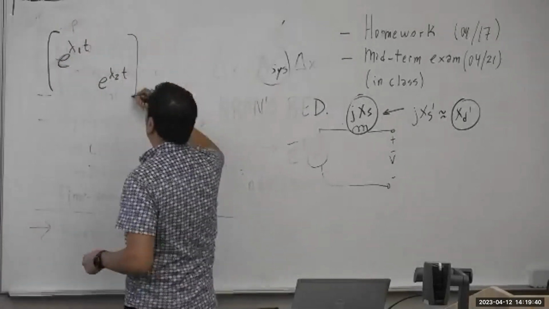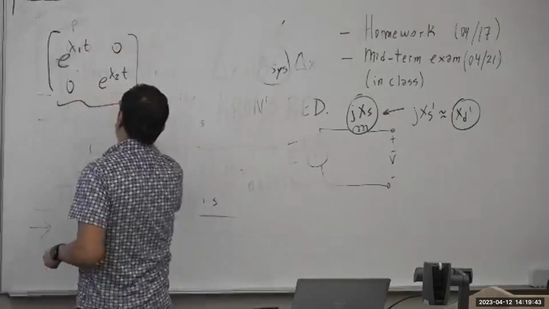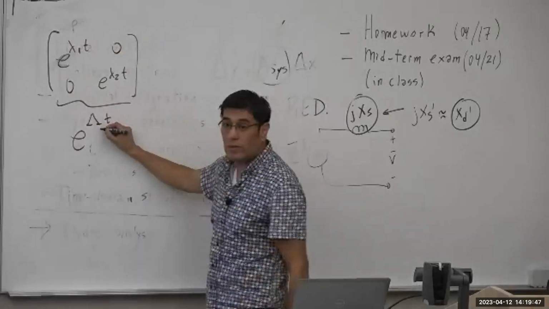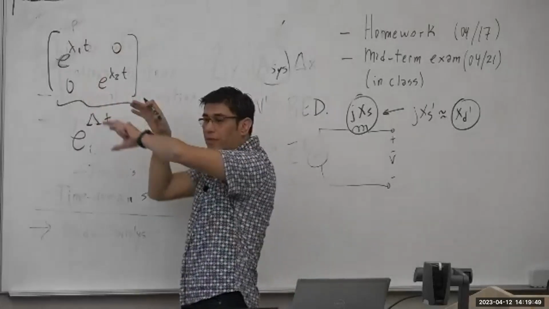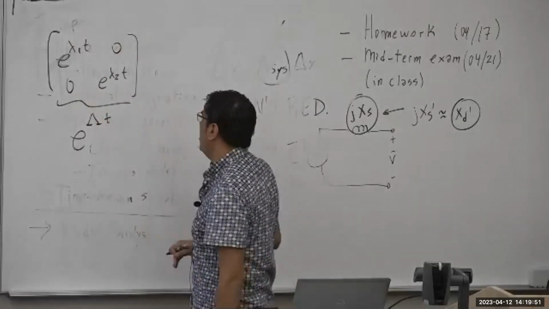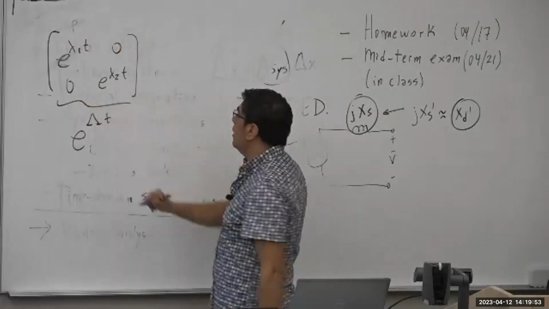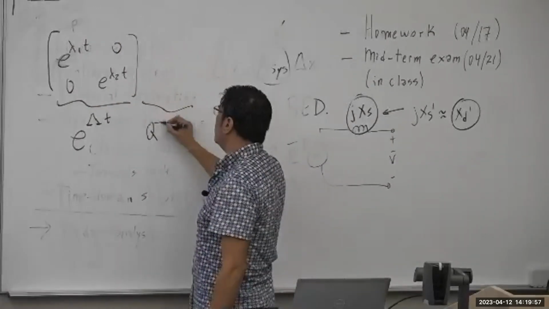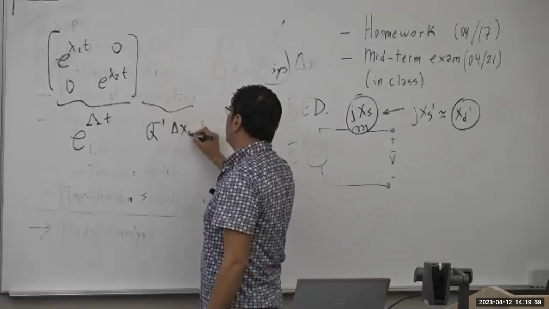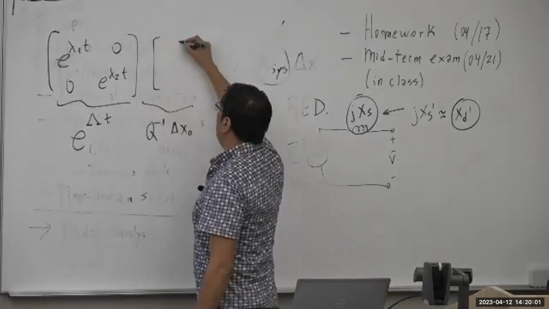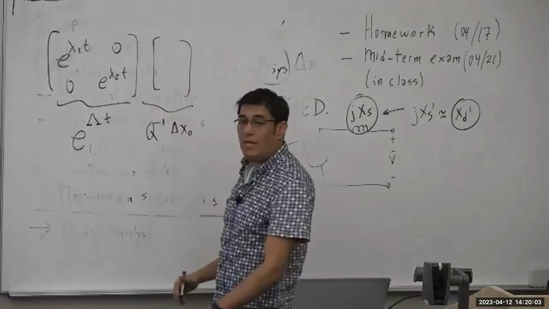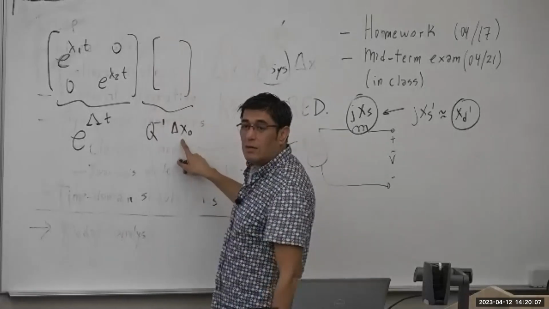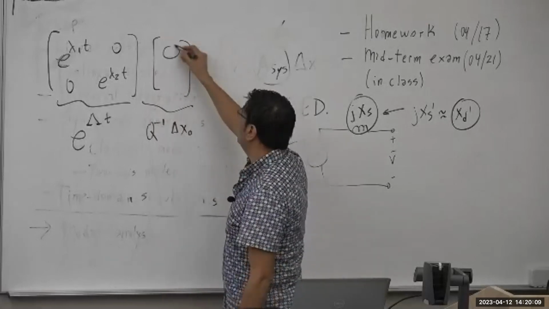This is another system. So this is going to be exponential of lambda t, with lambda being this matrix with the eigenvalues in the diagonal, right? Exactly that. And here we will have the other term, Q inverse delta x 0. What do we have here? Another vector. How many components do we have here? 2 in this case, so we have 2 terms.